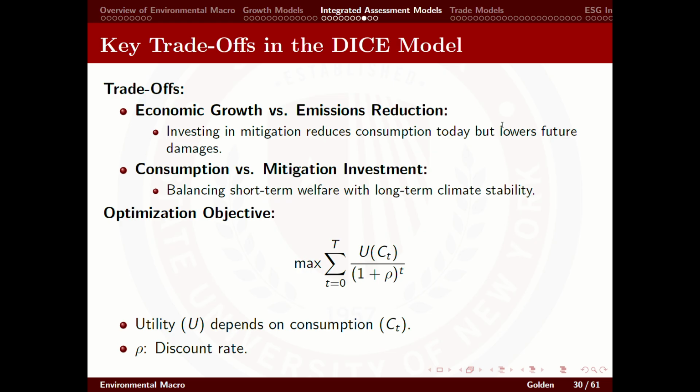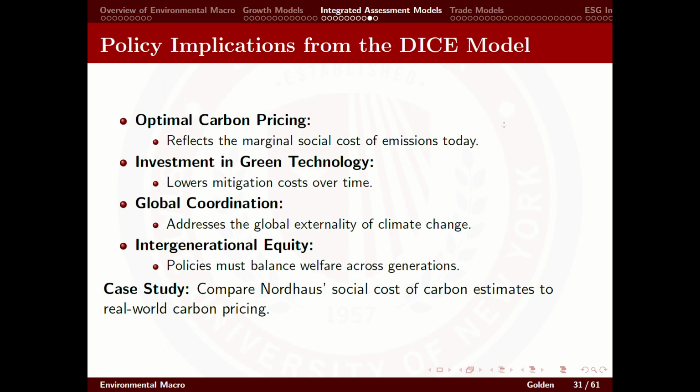So when you do a macro model, as you learned in 305, I believe it is, in macro, you have these trade-offs, and here the trade-offs directly include how to think about mitigation investment and emissions reduction. They maximize utility depending on consumption, with choices of also trying to reduce emissions and invest in mitigation technologies, with a discount rate of rho.